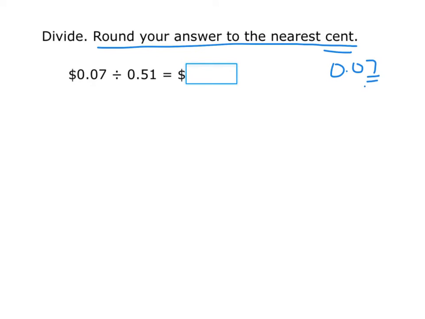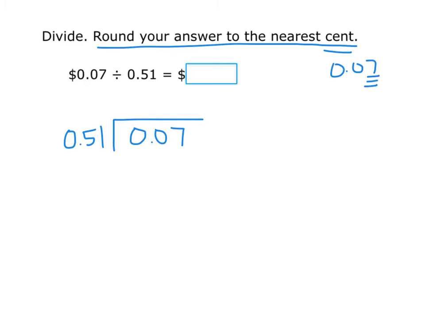Cent is the hundredth decimal place. So that means I have 7 pennies right here, right? So again, horizontal division. You're going to have the divide sign and 0.07, 0.51.